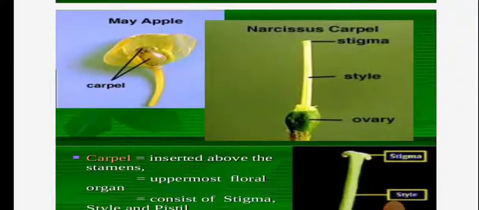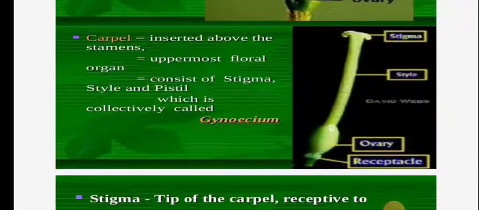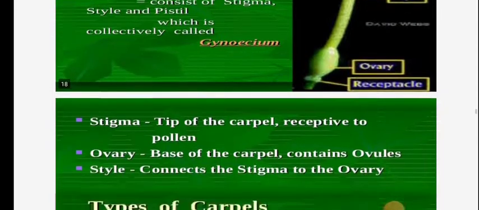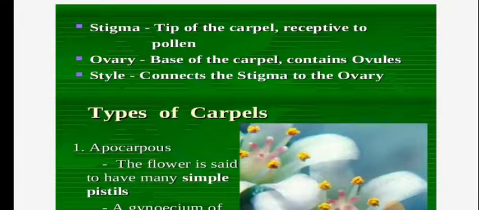Then narcissus flower shows the style, stigma, and ovary, and the carpel inserted above the ovary and stamens, with the ovary and the receptacle. So it consists of the typical condition. Then the stigma is the apex part of the carpel, and it is receptive for the pollen in the process of fertilization.